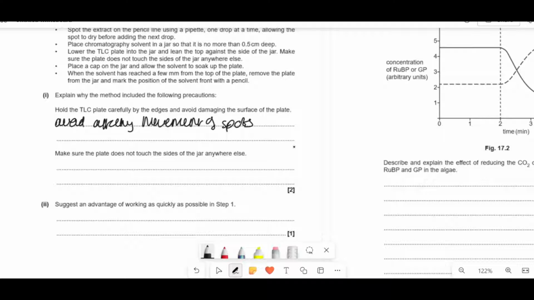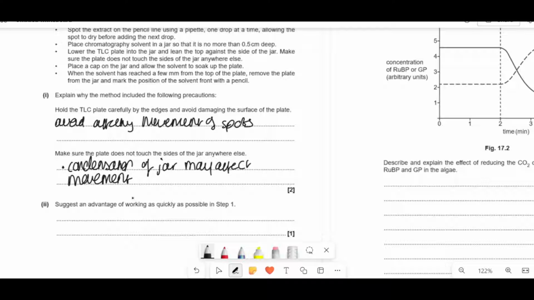Also, what if it touches the side of the jar and this spot just can't move anymore because of the jar interfering? So in that case, I'm just going to say something like, condensation on the jar may affect movement. In this question, the only thing we're measuring is the movement of the stuff in the solvent front. So any precaution is probably going to be to avoid that element being screwed up.